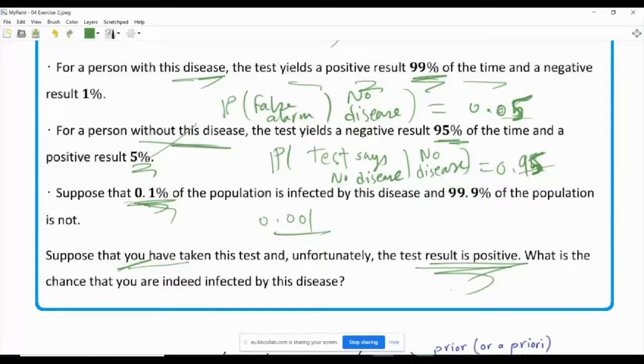So the test is telling, yes, this guy has this disease or this medical condition, this tumor, this type of protein, whatever. What is the probability that the guy actually has the disease? Being tested positive does not necessarily mean that you have the medical condition or the disease.